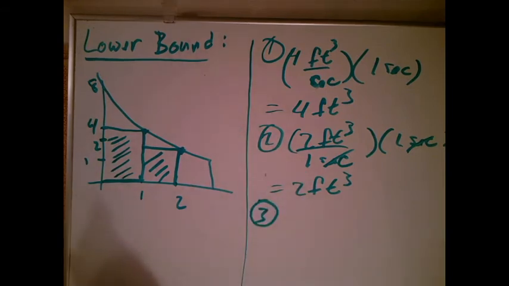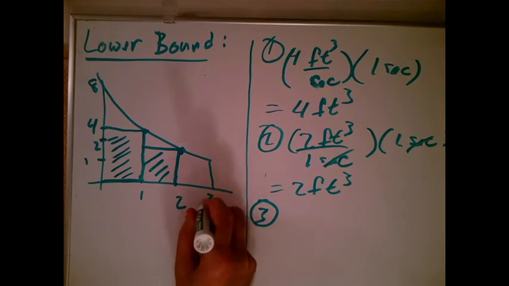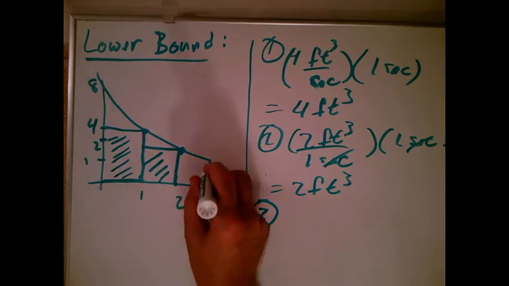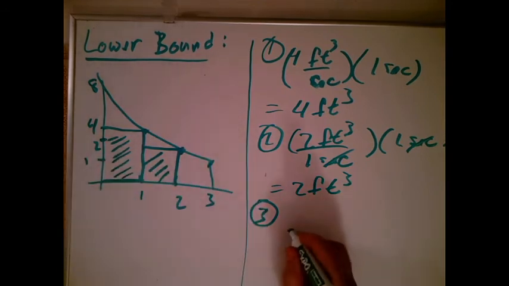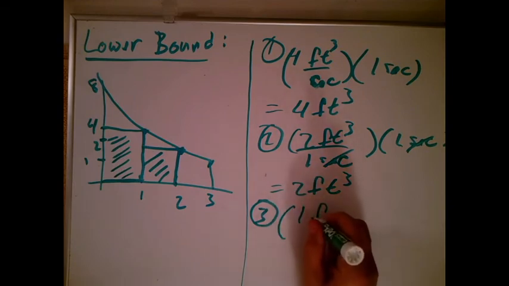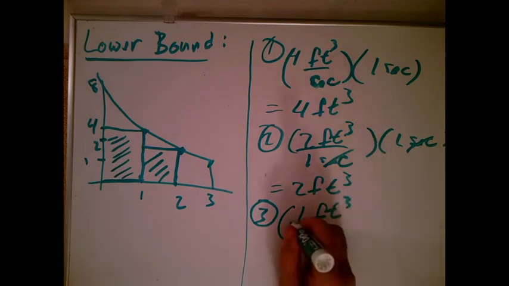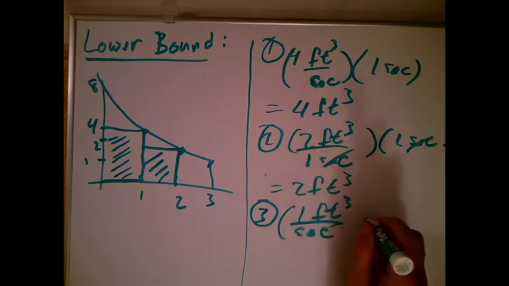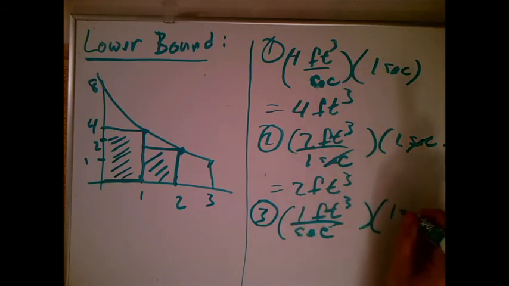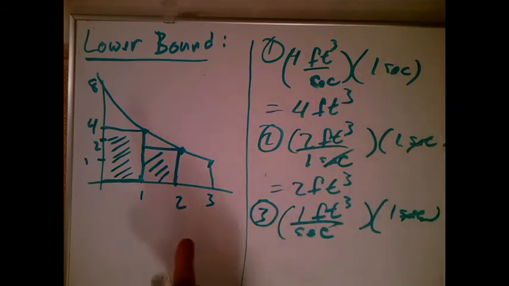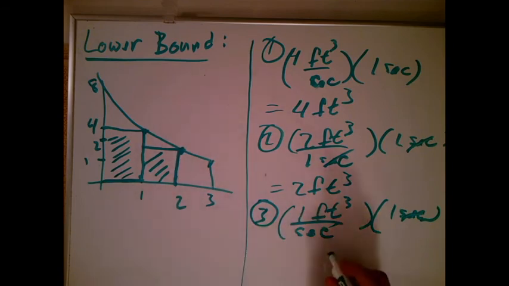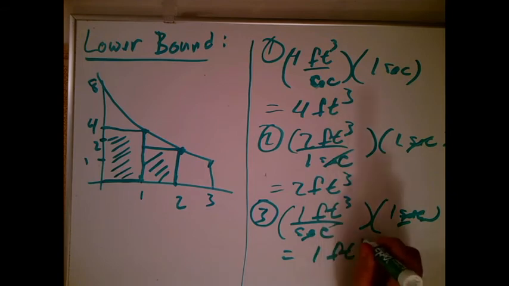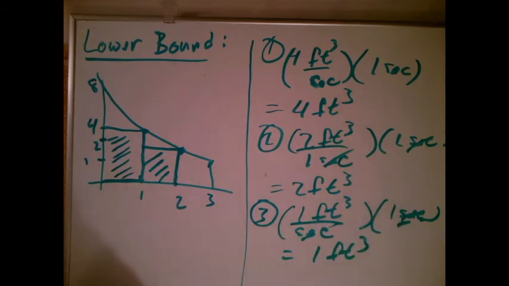Finally, I'm going to calculate a lower bound for the amount of escaped air from t equals 2 to t equals 3. Well, the slowest it ever was going was 1 cubic foot per second. So I take my 1 cubic foot per second, and I multiply by my 1 second, because we're only looking at that 1 second interval over here. The seconds cancel. I get 1 cubic foot. What does that 1 cubic foot represent graphically?